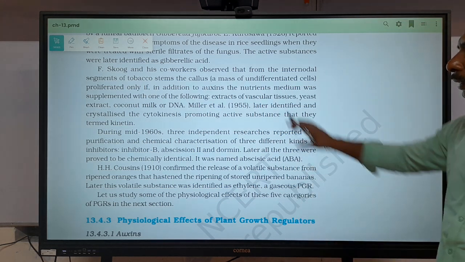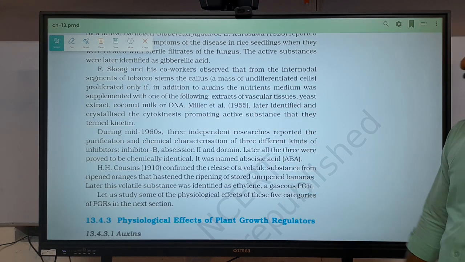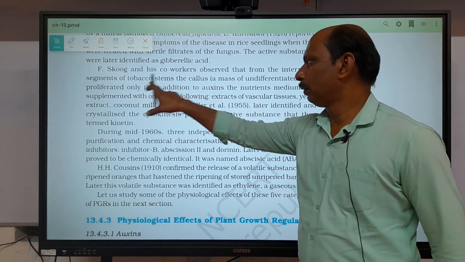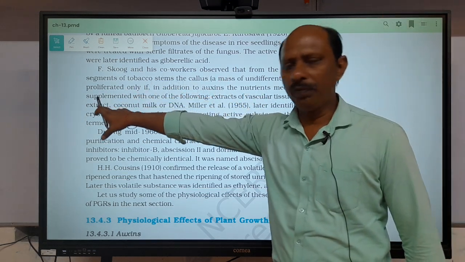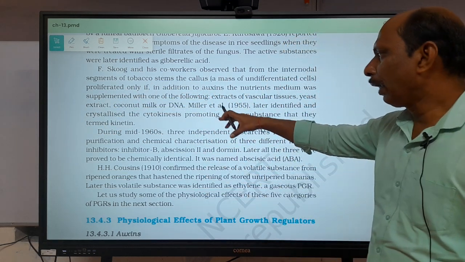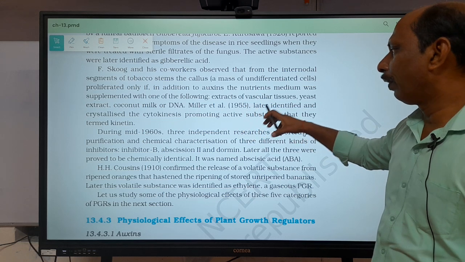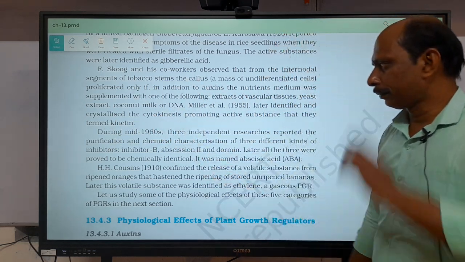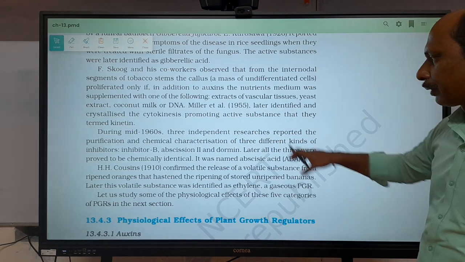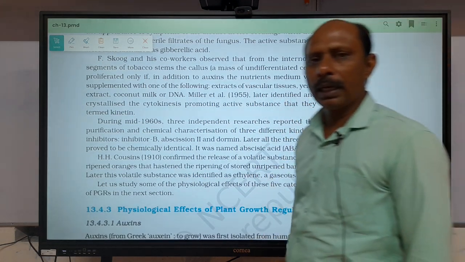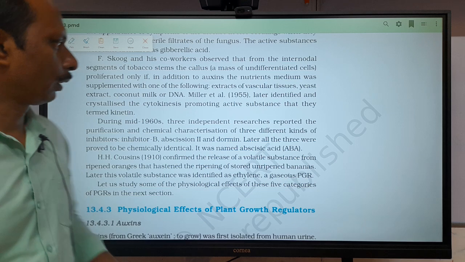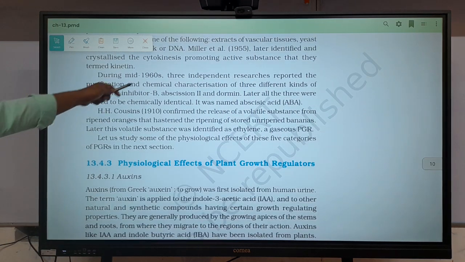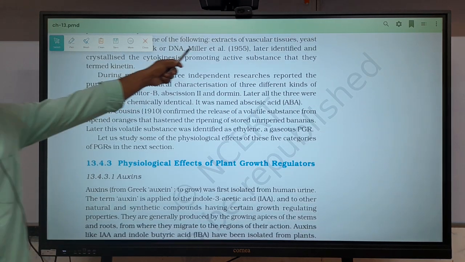When we provided these supplements, the callus proliferated. Miller et al. in 1955 later identified and crystallized the cytokinesis-promoting active substance, and they termed it kinetin, right, during the mid 1950s.